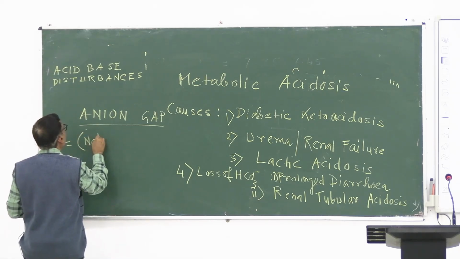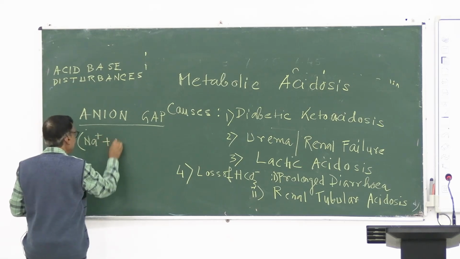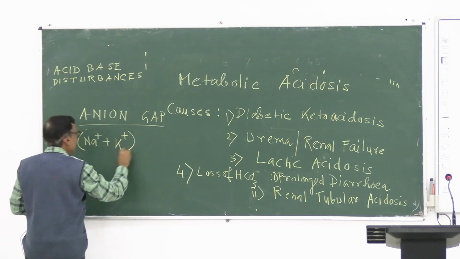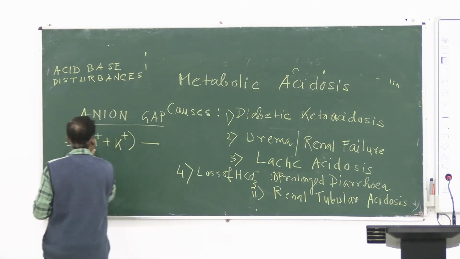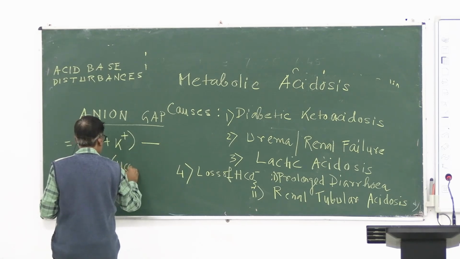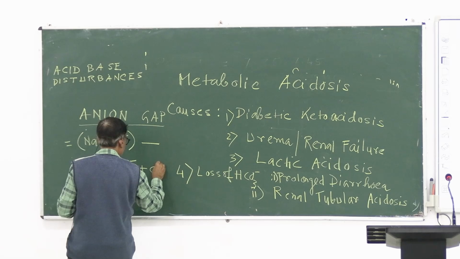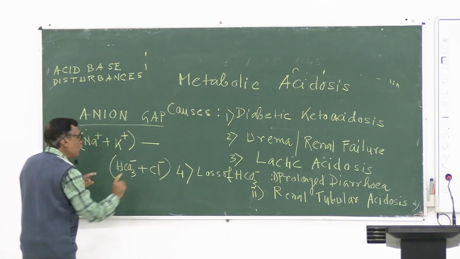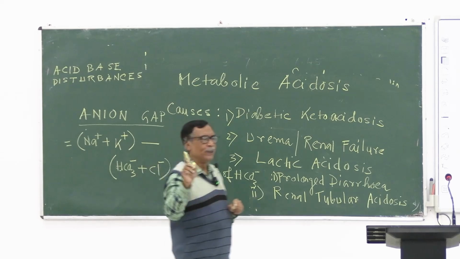Concentration of the sodium ion in millimole per liter, concentration of the bicarbonate ion, it is the cation concentration, it is the anion concentration. Cation concentration minus anion concentration is the anion gap.